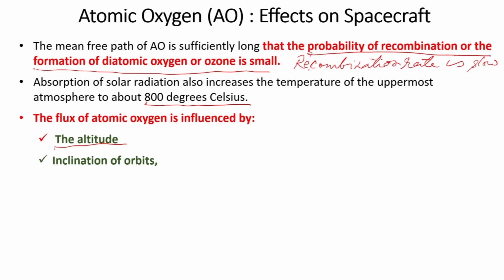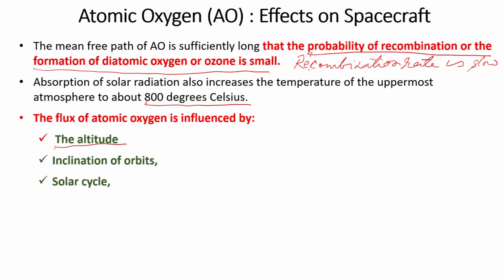Then what is the inclination of the orbits? Suppose the orbit is not an equatorial orbit but an inclined orbit, then the flux of the atomic oxygen will also change with the latitude. Then the solar cycle. Solar cycle means the sunspot cycle, from maximum to minimum. During the maximum, different types of solar activities happen, like coronal mass ejection, solar flare, solar energetic particles.